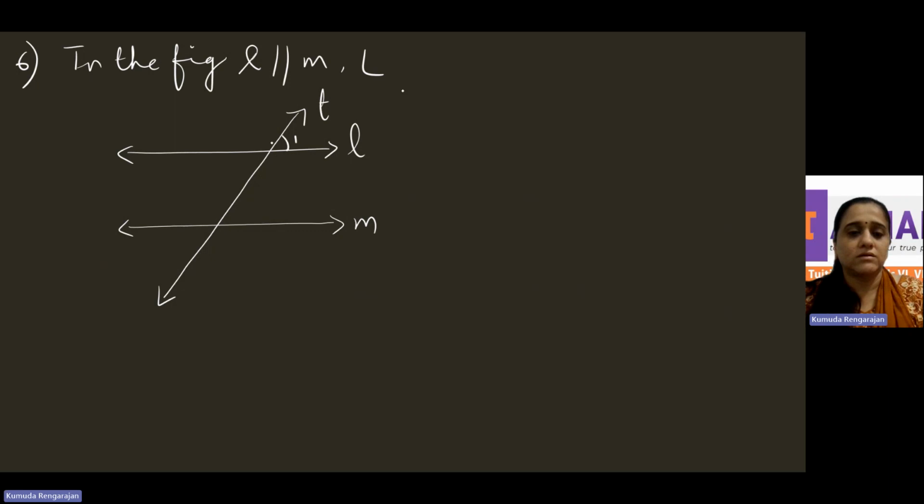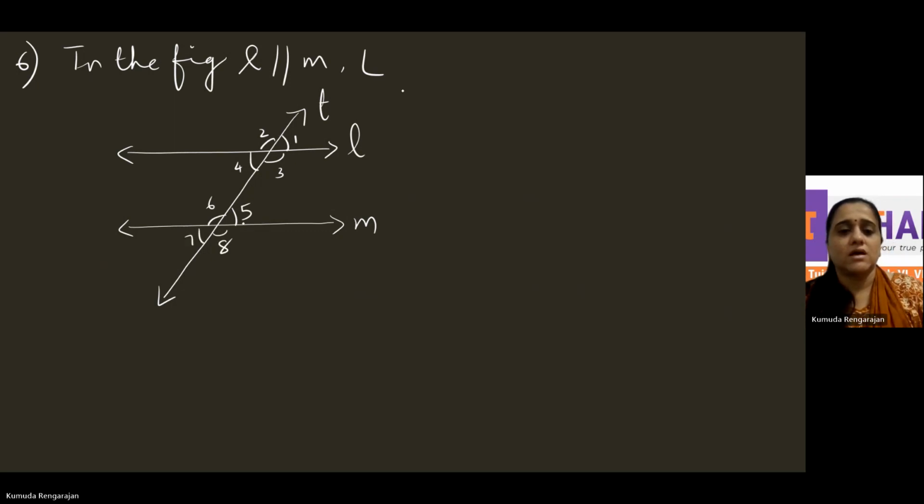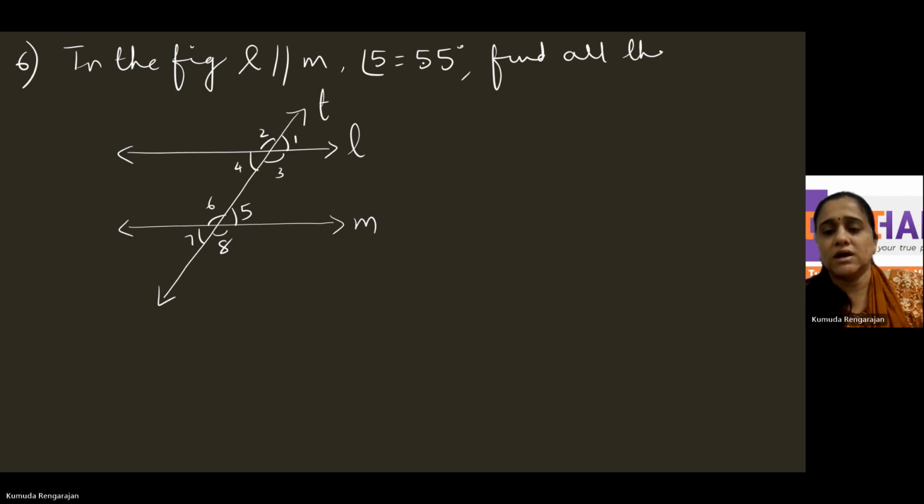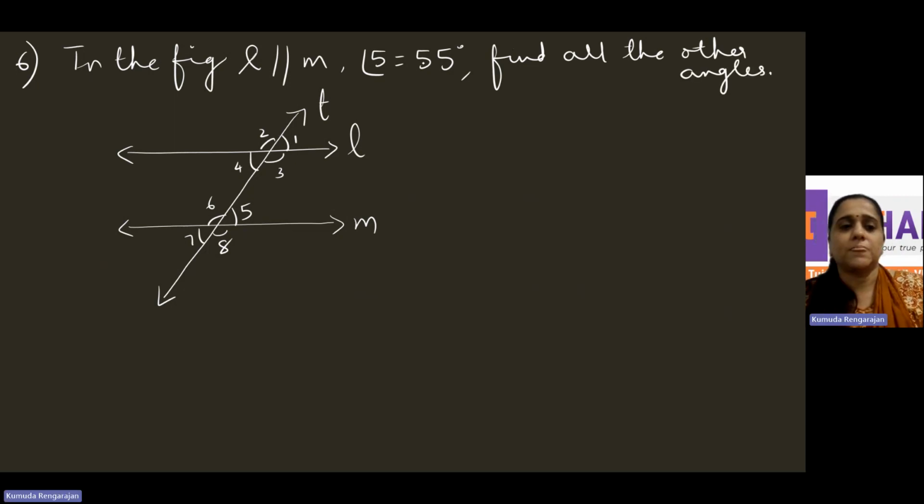Angle 5 is equal to 55 degrees. Find all the other angles. So it's given that L is parallel to M, and the measure of angle 5 is 55 degrees. Find all the other angles.